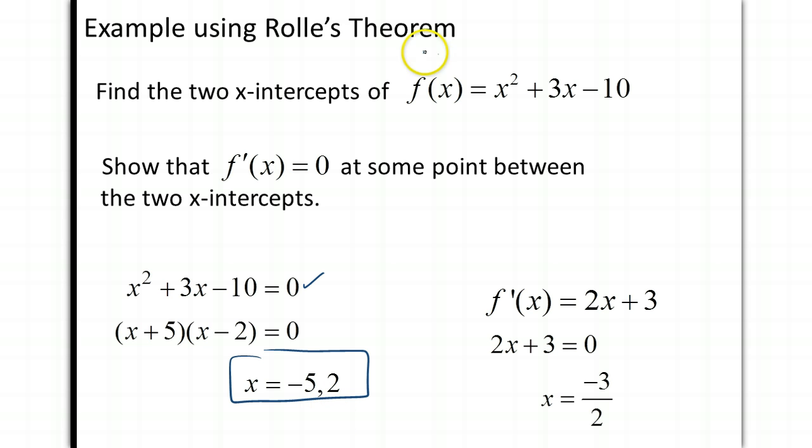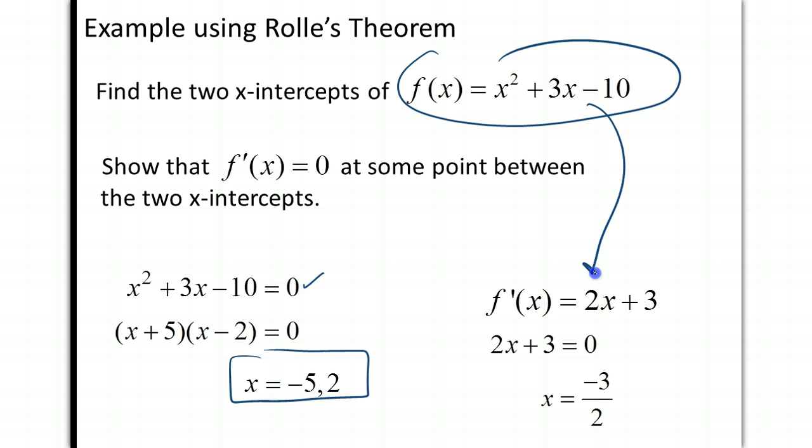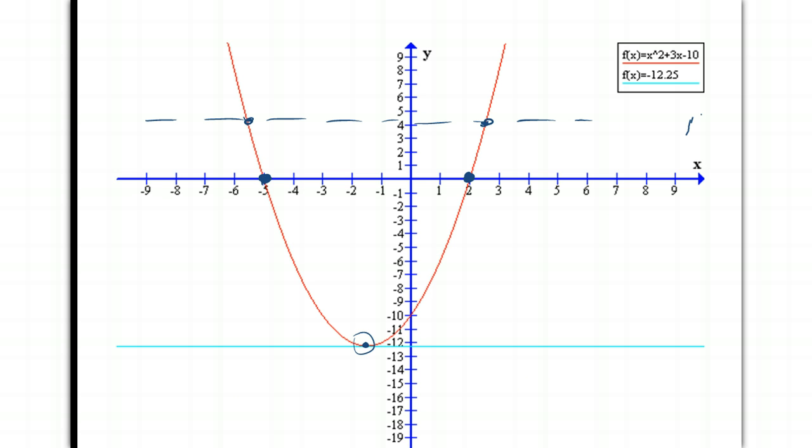Then over here, I took my function, and I found my derivative, and then I set it equal to 0. And I solved, and I found that this is the c value, where x is equal to negative 3/2. It has a slope of 0. I hope this makes sense. Okay, there's the visual again.